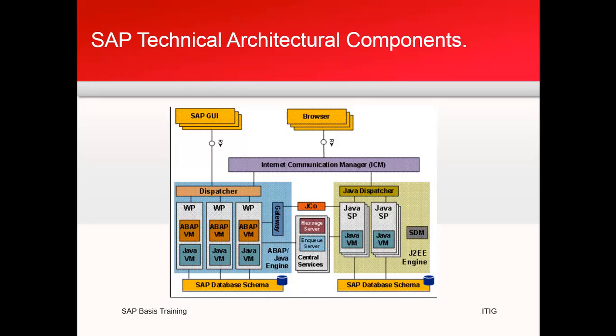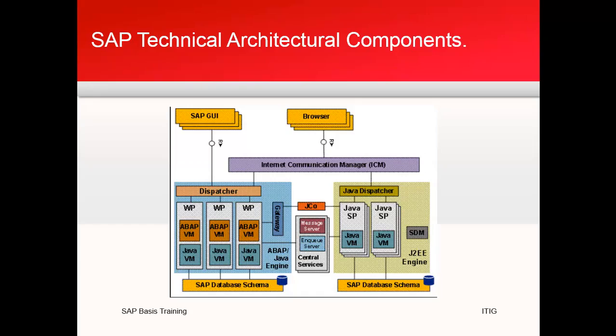On the ABAP side you connect from SAP GUI to the dispatcher, and the dispatcher in turn connects to the work process. If required, the work process will connect to the database schema. The connection between ABAP and Java is done through JCo.